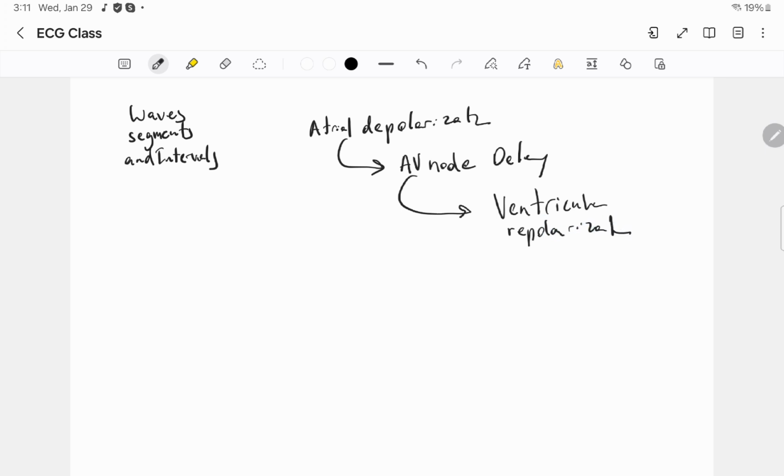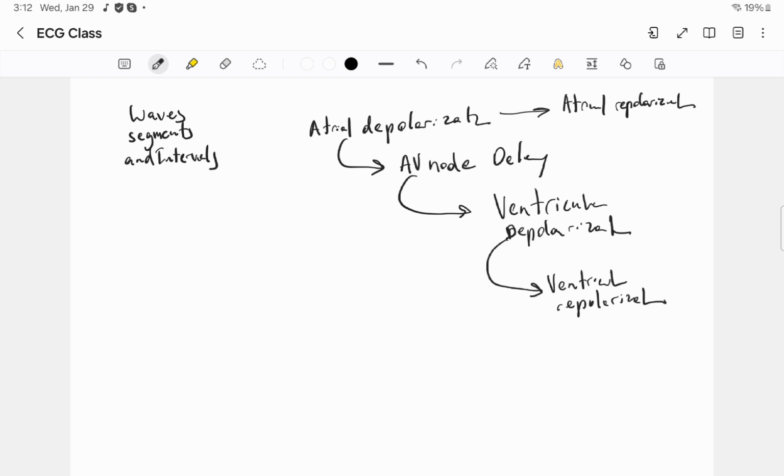Okay, now there are two other actions that I would include in this diagram. You have ventricular repolarization, and you have atrial repolarization. Okay.